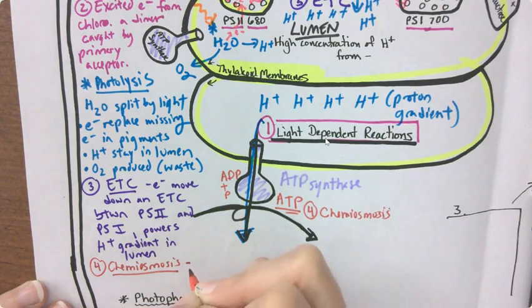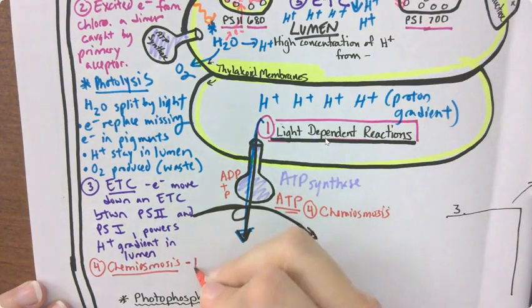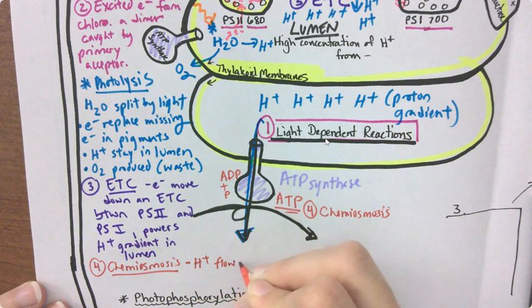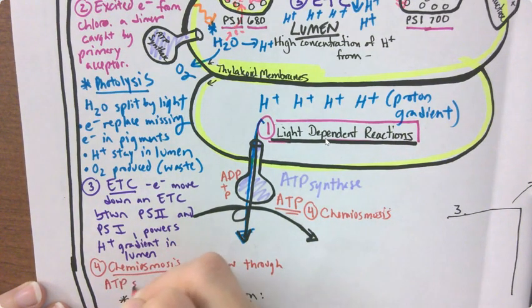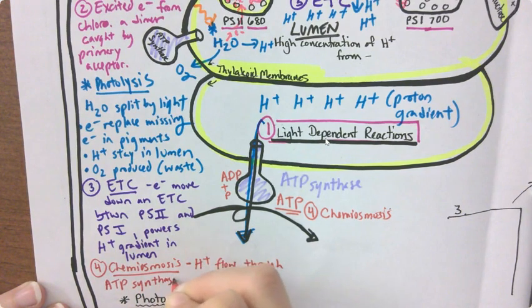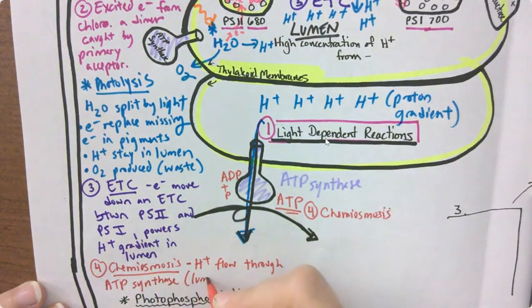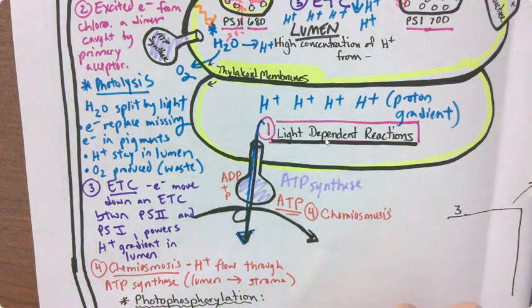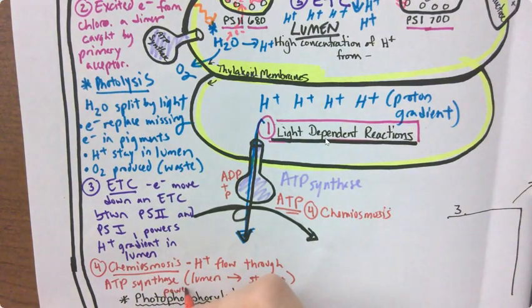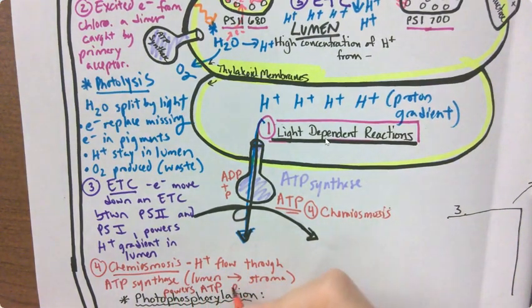In chemiosmosis, the proton flow through the ATP synthase from the lumen inside the thylakoids into the fluid-filled part of the chloroplast, the stroma, powers ATP production.